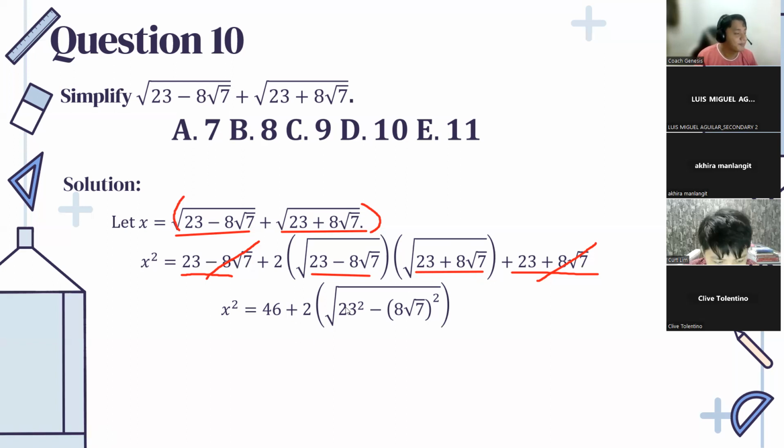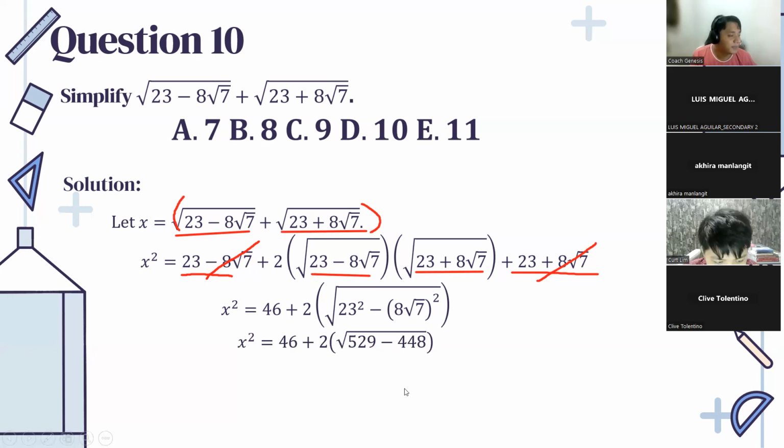Difference of two squares. And then you have x squared is equal to 46 plus 2 multiplied to square root of 23 squared, which is 529, minus 8 squared times 7, which is 64 times 7, which is equal to 448.